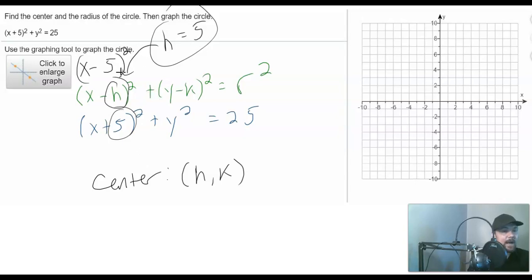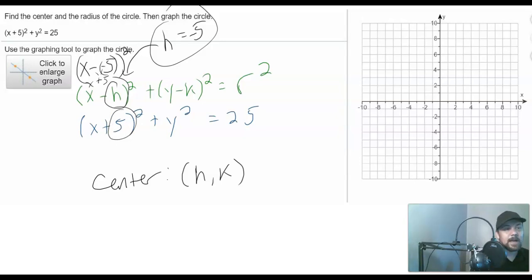And so h is not 5. Using that value for h does not make the formula align with the equation that we were given. We have to use negative 5 for h. And if I plug in negative 5 for h, I get x minus negative 5, which becomes x plus 5. Then it matches the equation I was given.